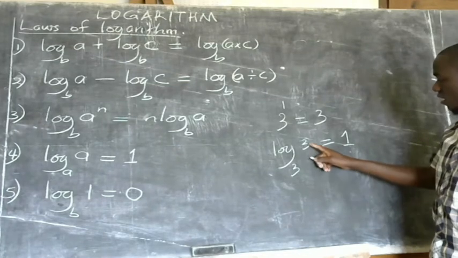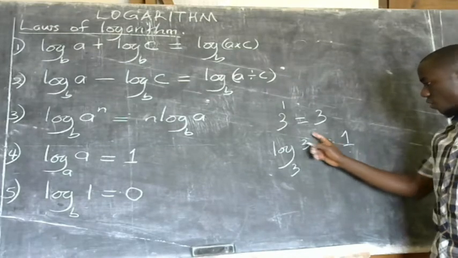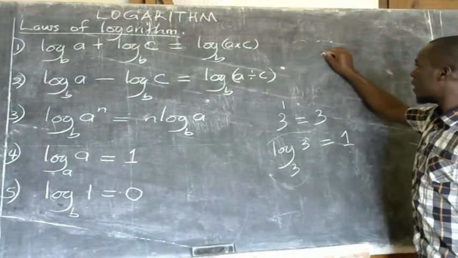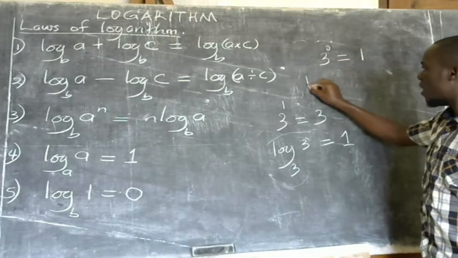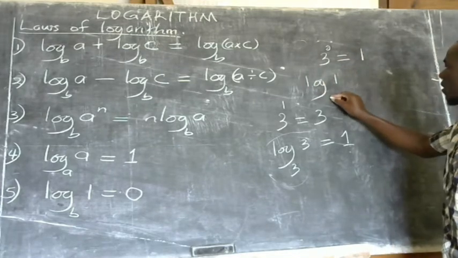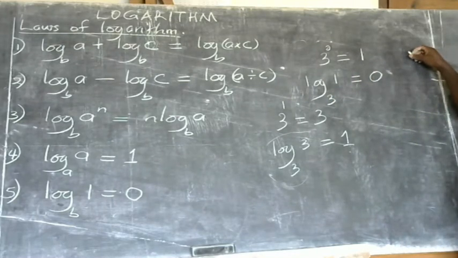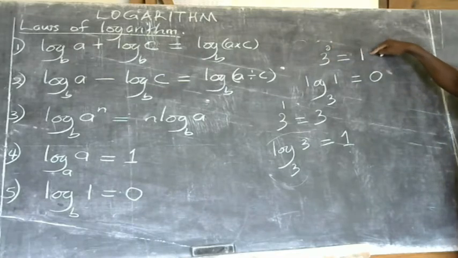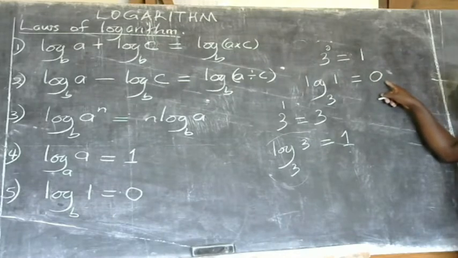If I have log of a number base the same number, the whole thing is going to condense to a 1. Now, I also had 3 power 0 equal to 1. So in the logarithmic form, log of 1 base 3 gives me a 0. This is true, because any number power 0 is 1. So if I get log of 1 to any base, that is going to be a 0.